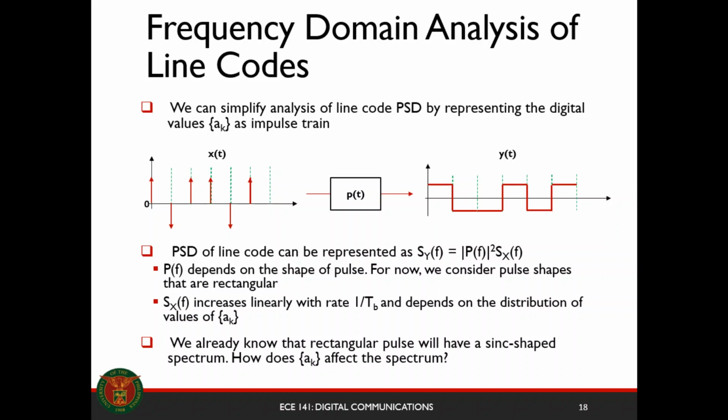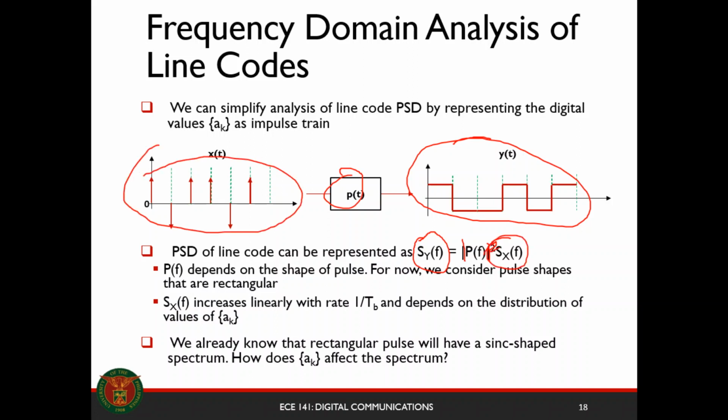With this, we can actually represent the PSD of your output. Okay? So the PSD is equal to the absolute value of the frequency spectrum of your pulse squared times the spectral density of your x of t.